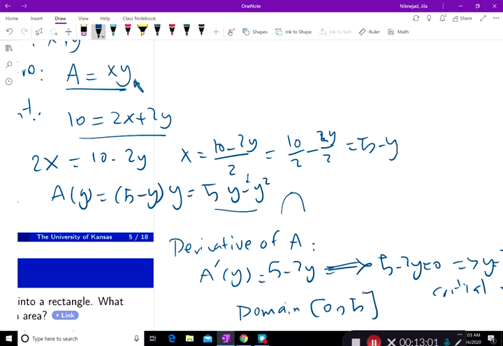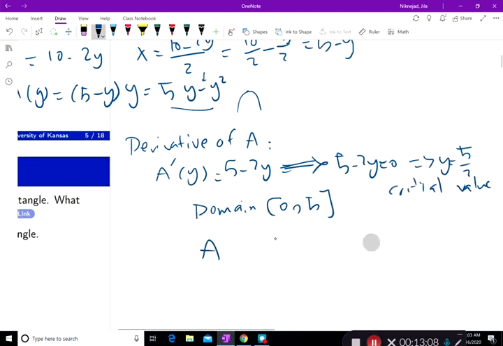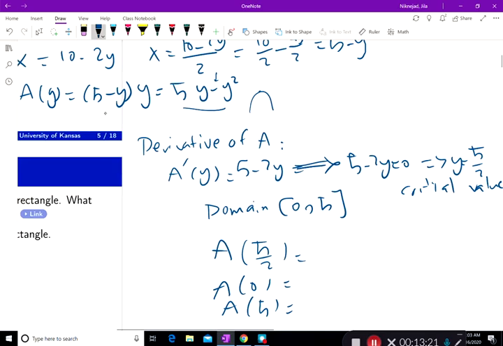Oh, this is nice because this gives me a closed interval method. All I need to do is evaluate A at the critical number, A at the endpoints, and compare. So if I plug in y equal to 5/2 in there, I get 5/2 times 5/2, which is 25/4.